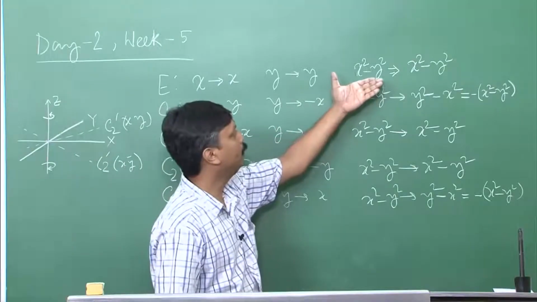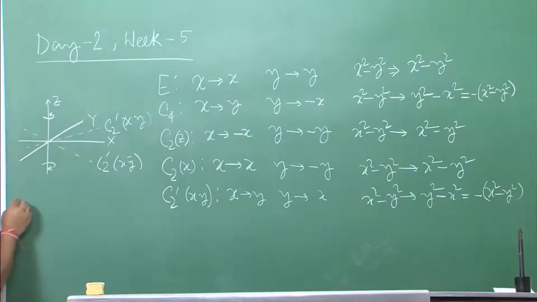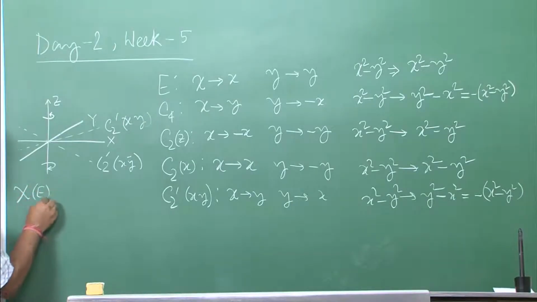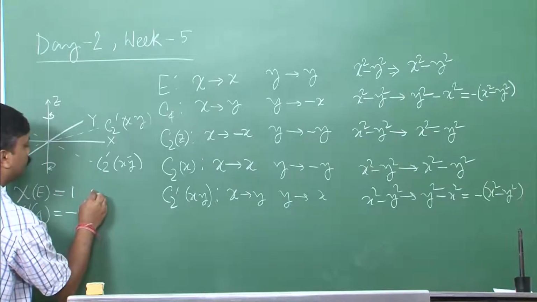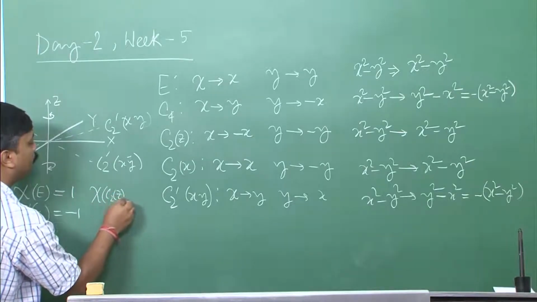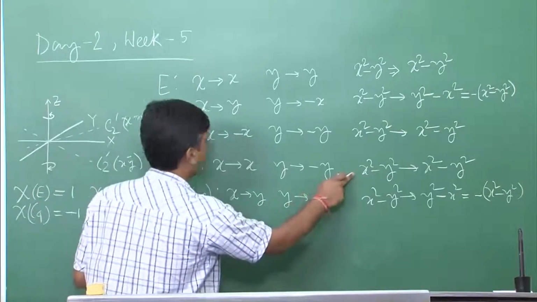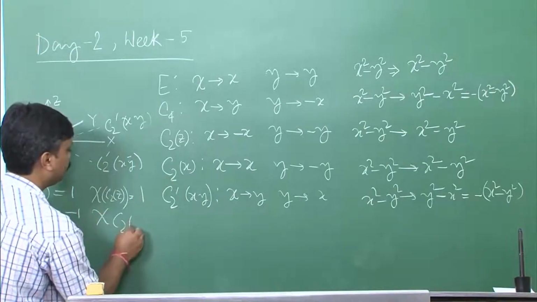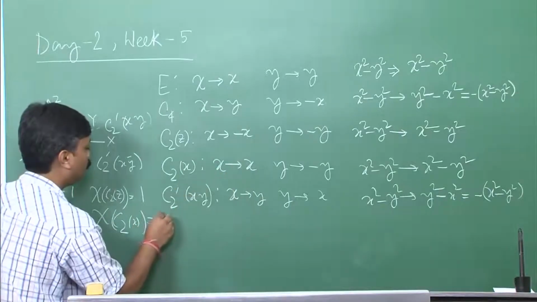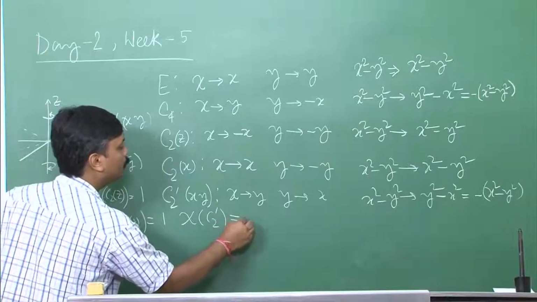And you can see here, suppose I write chi of E equals 1, and then chi of C4 equals minus 1, and then chi of C2z equals 1, and chi of C2x is equals to 1, and chi of C2 prime equals minus 1.